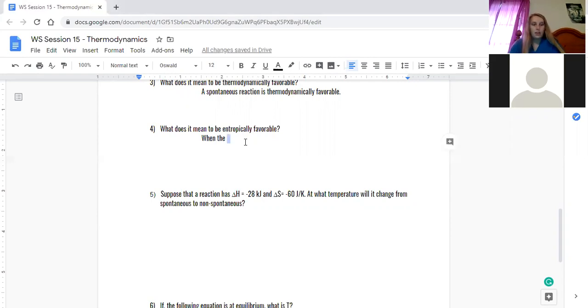It's actually when the products have more, because entropy is basically disorder. So if it's going to have more disorder in the products, then it's going to be entropically favorable. So it's when the products have more entropy than the reactant.